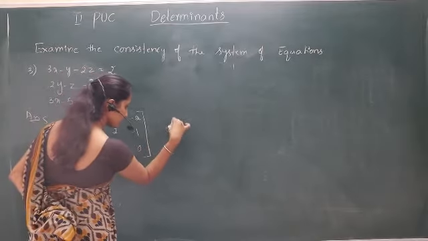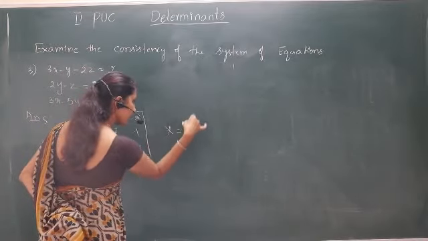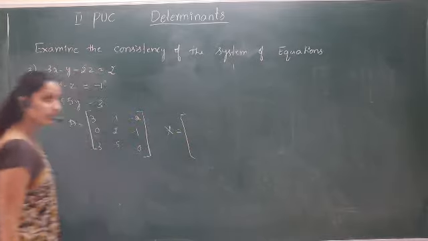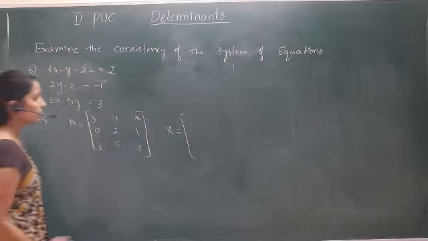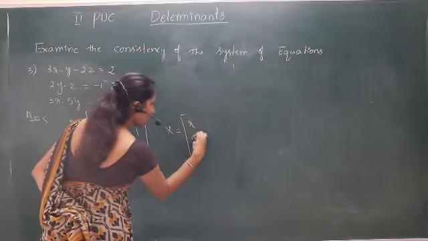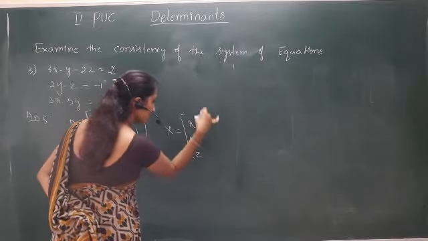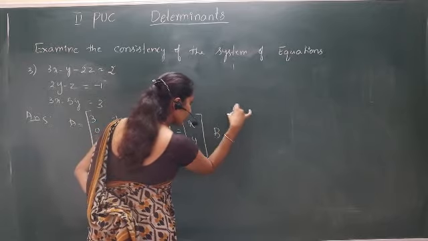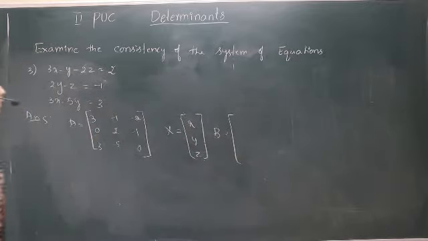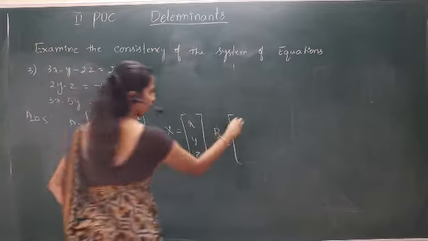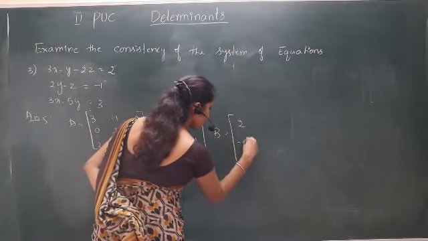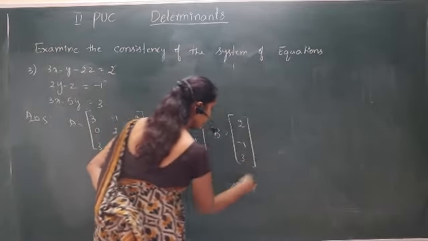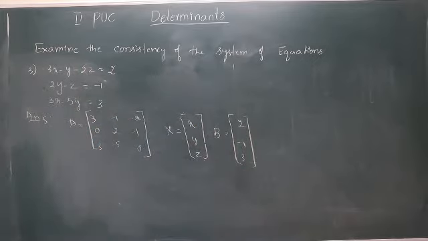Then X is the matrix of x, y and z. Then B is the matrix 2, minus 1, 3.